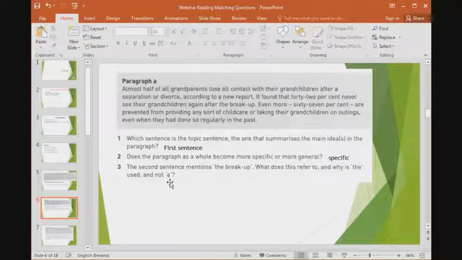And what about number 3? The second sentence mentions the breakup. What does this refer to, and why is the used and not a?